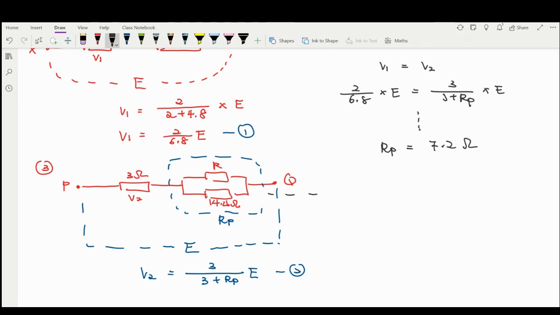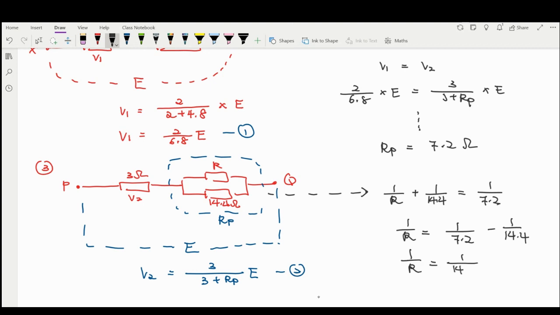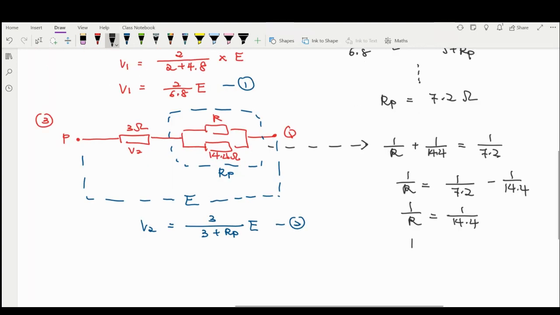Solving the parallel branch, 1 over R plus 1 over 14.4 should be equal to 1 over 7.2. If you rearrange, you get 1 over 7.2 minus 1 over 14.4. So 1 over R should be 1 over 14.4 as well. So your R should be equal to 14.4 ohm.